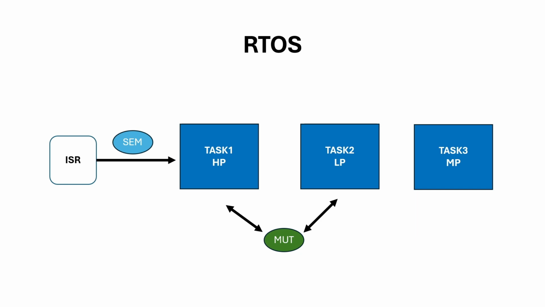So task 2 will go from low priority to high priority when it's holding the mutex and task 1 is needing the mutex. So that's called priority inheritance. And like that, task 1 doesn't have to wait for task 3 to do something. It can immediately have access to the mutex as soon as task 2 finishes.